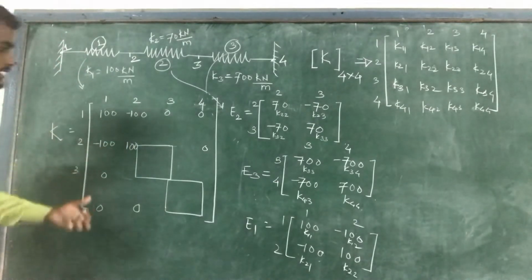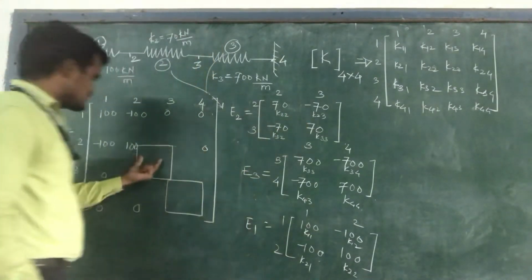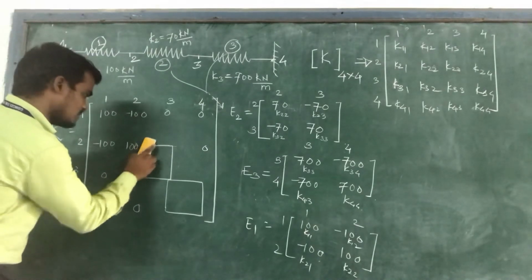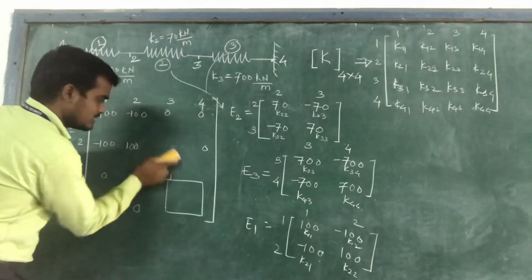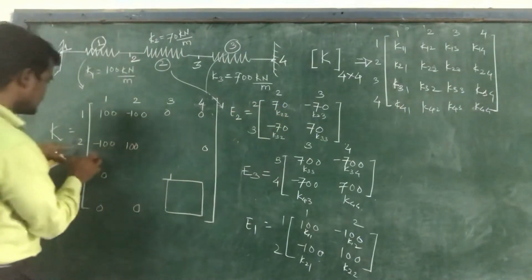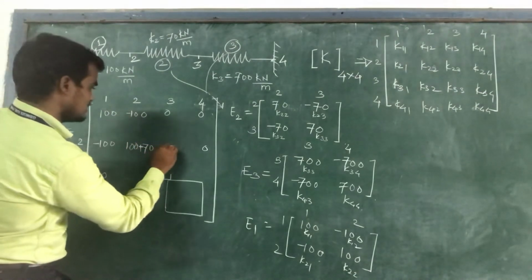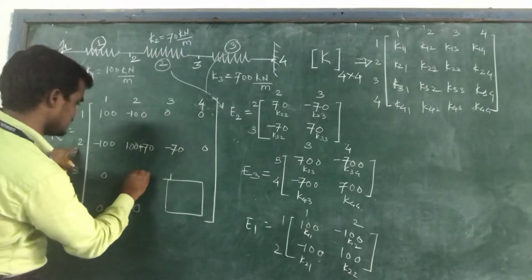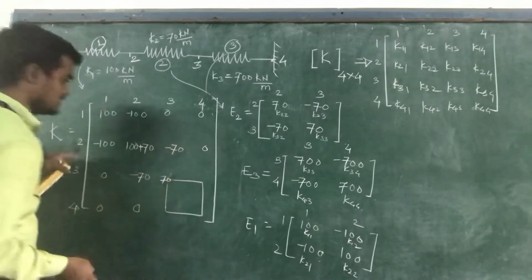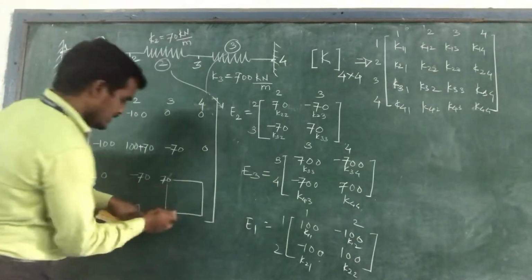Then similarly write down the elements of E2 into this block. So here it will become 100 already from the first element, and now this 70 will come to this K22. So it will become plus 70, minus 70, and here 70. Similarly, write down your third element into this block.